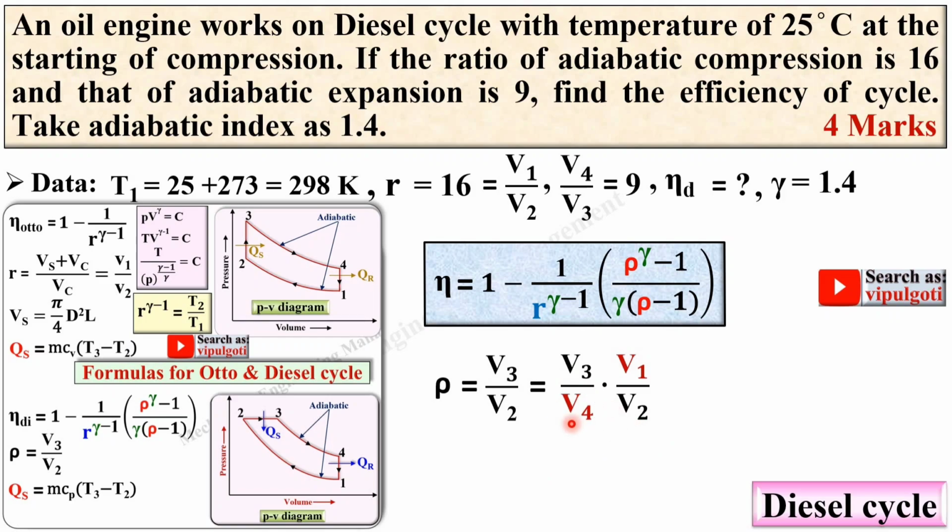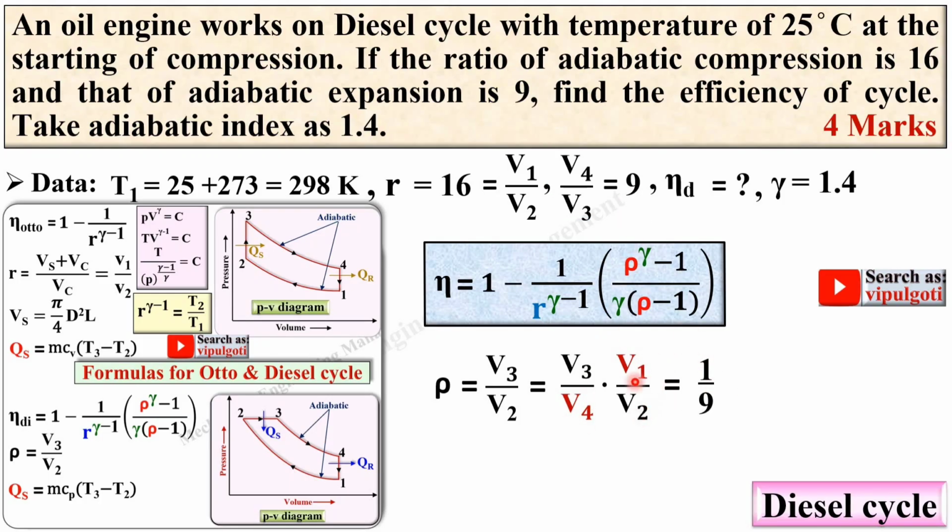My dear friend, maybe in your mind the question can arise why you have done this. It is very simple. Observe carefully: it is given to you that V4 by V3 is equal to 9, meaning V3 by V4 is equal to 1 upon 9. So I can put it over here.